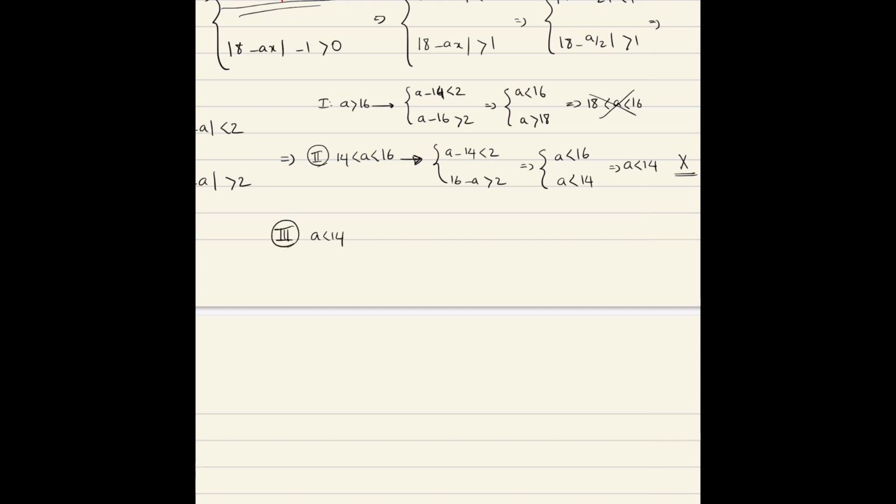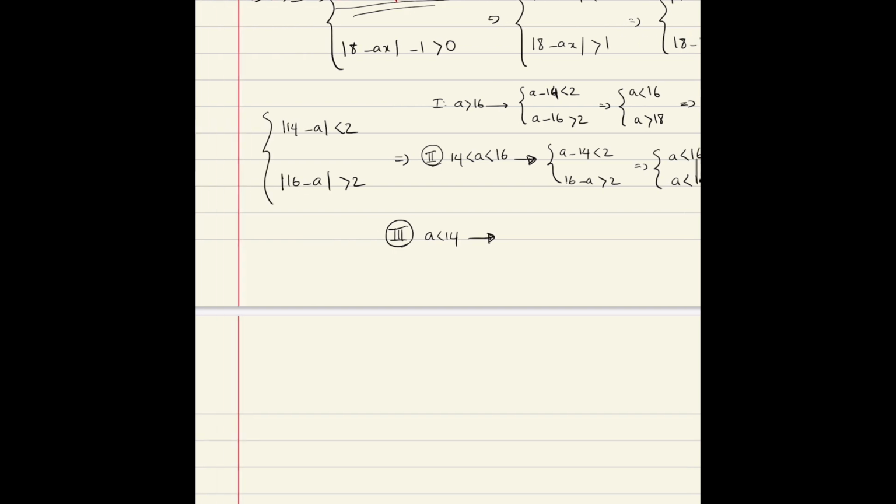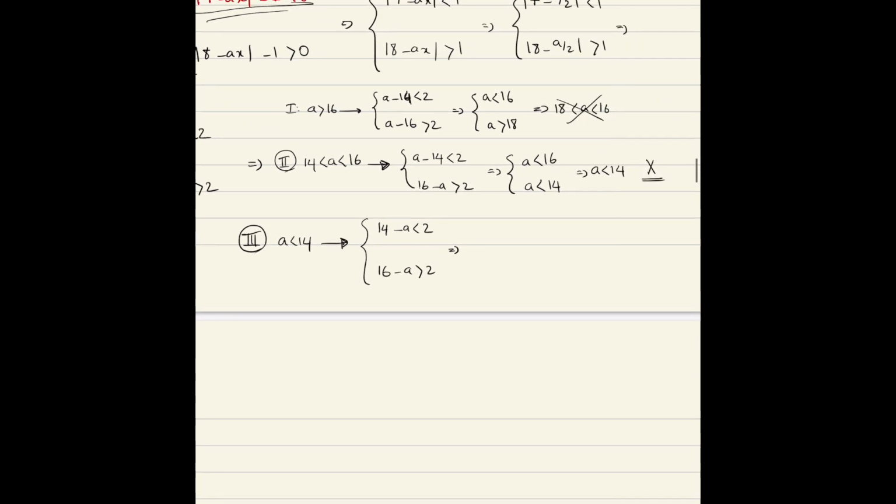A's less than 14. So the first inequality would be 14 minus a less than 2, and the second inequality would be 16 minus a greater than 2. So a would be greater than 12 for the first inequality, and a's would be less than 14 for the second inequality.